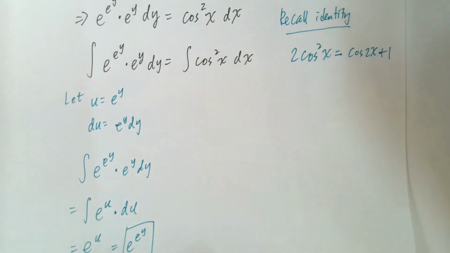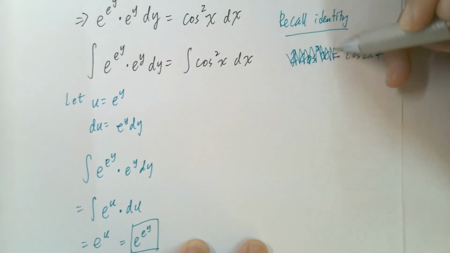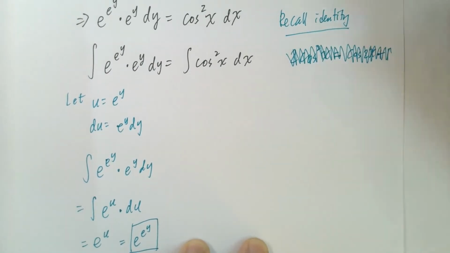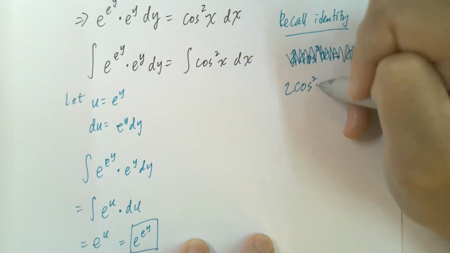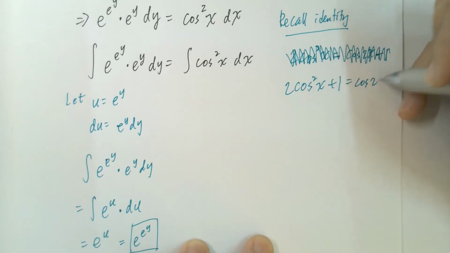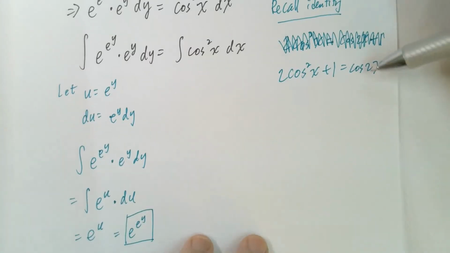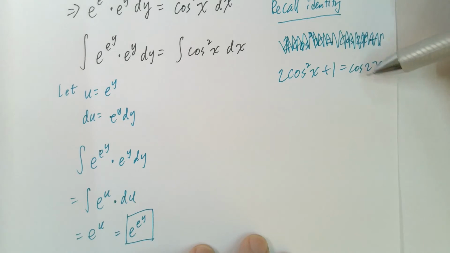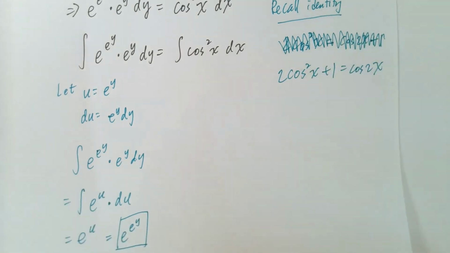Actually, I think I'm mistaken. I think the identity should be 2 cosine square x plus 1 equals cosine 2x, all right? So that's the identity. That's one of the transformations for our cosine 2x. So we want to express cosine square x in terms of the double angle identity.